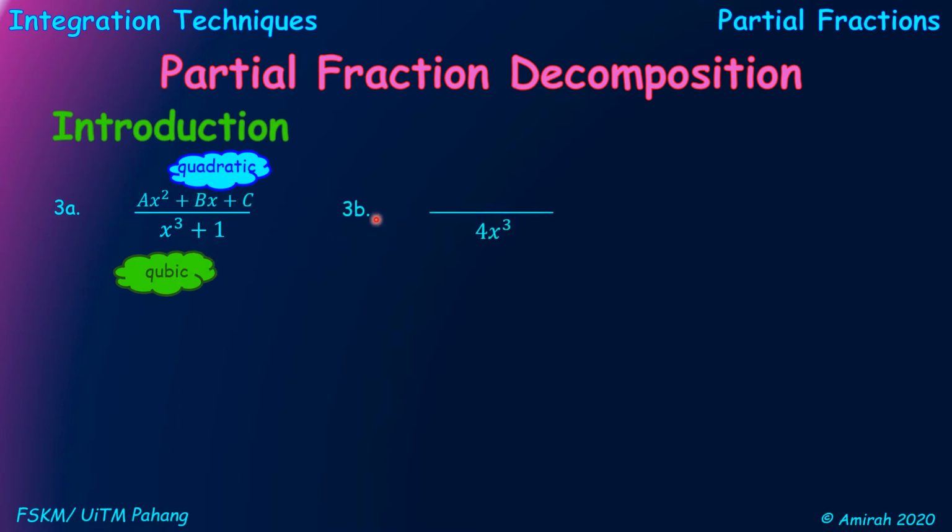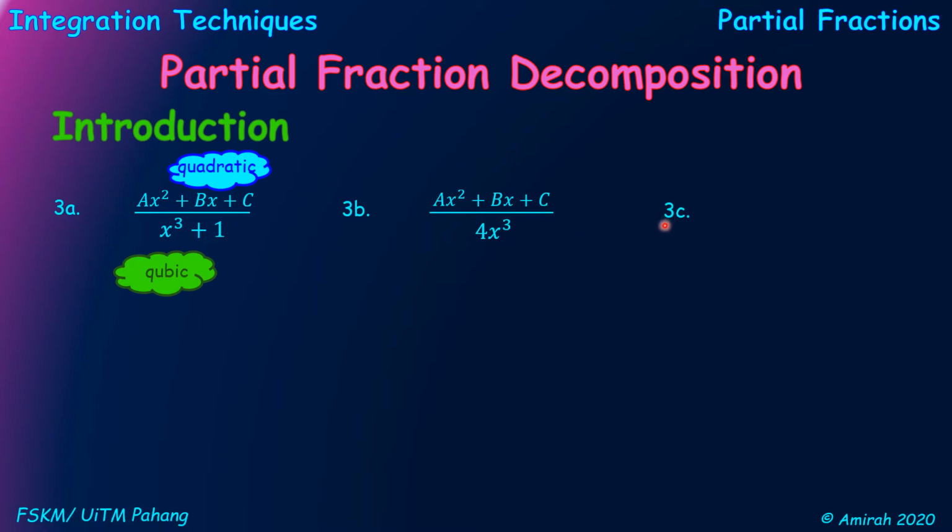And then 3b. If we have fraction with denominator 4x cubed, it is also cubic function. So we can write numerator equals to Ax squared plus Bx plus C, which is quadratic function.